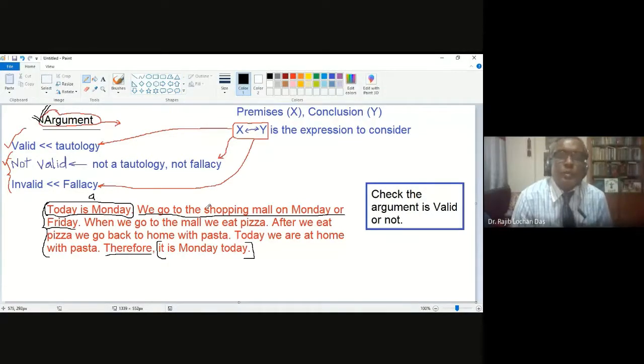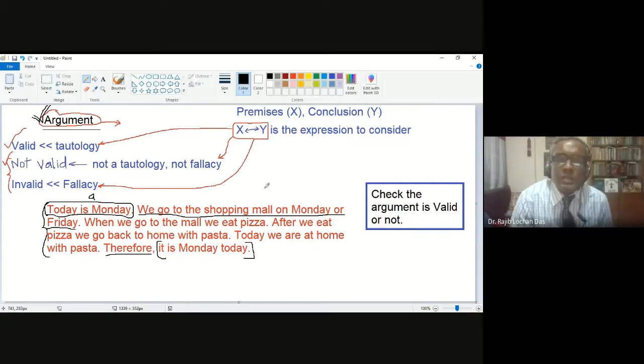No, it is simple OR. You can use XOR also because Monday and Friday will never come together. So either Monday or Friday. So XOR is also acceptable, but it is not written "either or" in the sentence. So you can think OR also. So my point is, how can you write the expression for this?